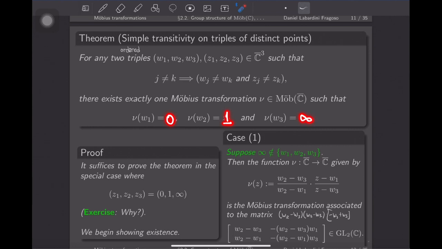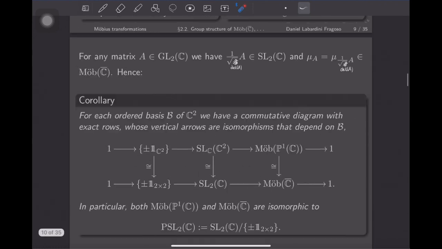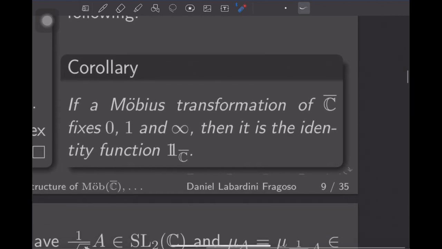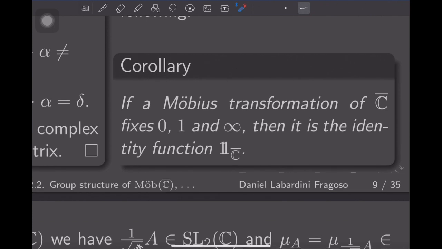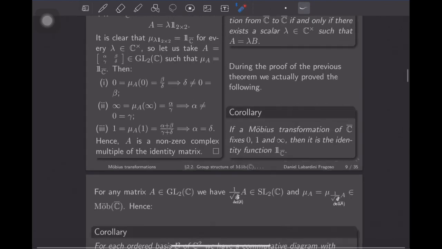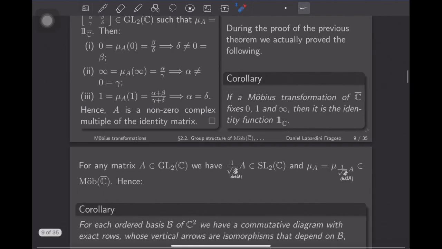Then I can take this composition, and it would not be the identity. But it would fix 0, it would fix 1, and it would fix infinity. And we said that if a Möbius transformation fixes 0, 1, and infinity, then it has to be the identity. So uniqueness really follows from this corollary.